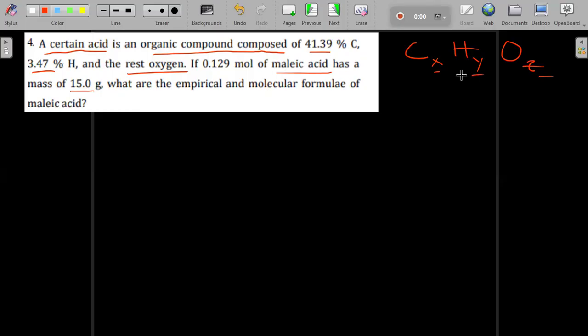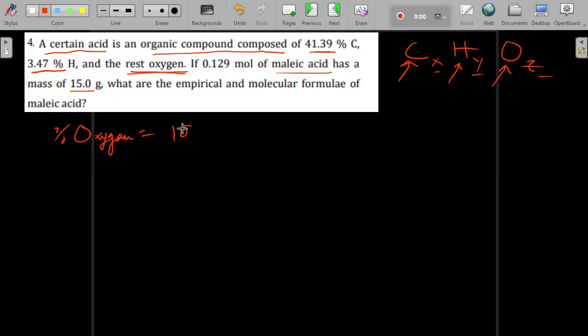So the first step is to find the percent of carbon, percent of hydrogen, and percent of oxygen. We've been given the percent of carbon and the percent of hydrogen; we are remaining with the percent of oxygen. We know that if we add the percent of carbon plus percent of hydrogen plus percent of oxygen, we should get 100%.